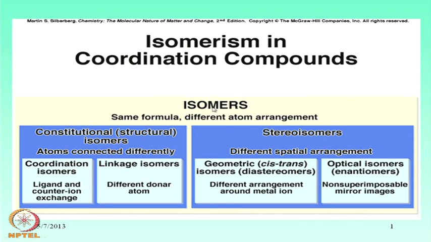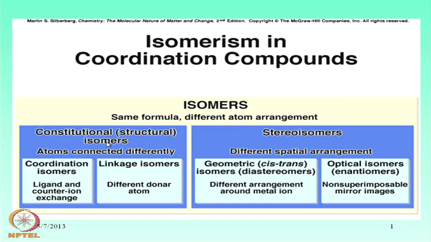when we have the different isomers from these coordination compounds, by definition they should all have the same formula, that means same metal ions, same ligands and same other groups are present, but a different atom arrangement, and particularly in the case of the coordination compounds, we will be talking about the arrangement which is different for the different ligands.